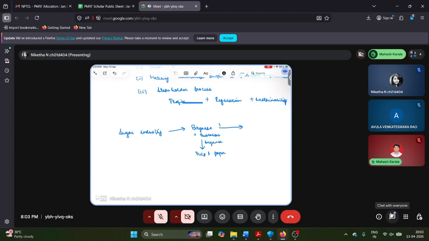The molasses goes to distilleries, where the molasses are fermented. Now, from the distilleries, they also go to the fertilizer industries.